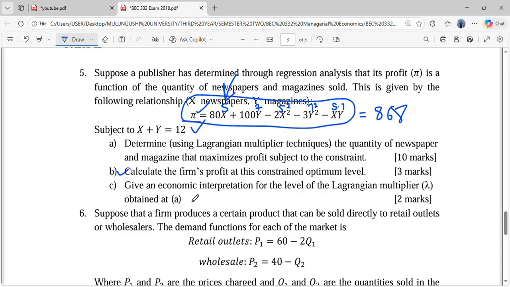It basically tells us how much profit increases as the constrained equation is relaxed by 1 unit. So what is the conclusion? The conclusion is profit decreases by 53 for every increase in 1 unit of the constrained what? Equation. Your host, Golden Zulu.